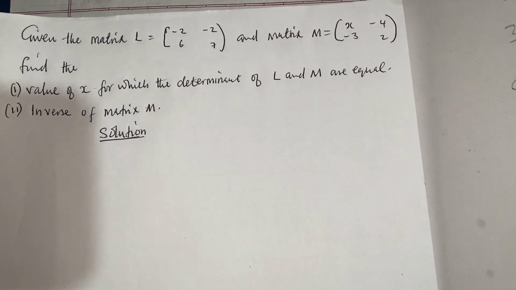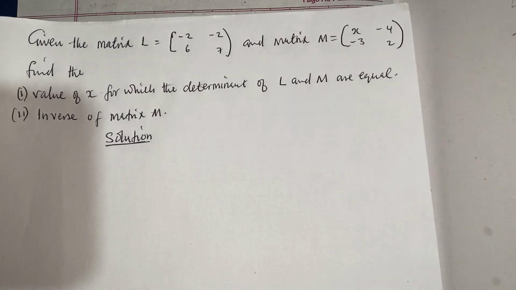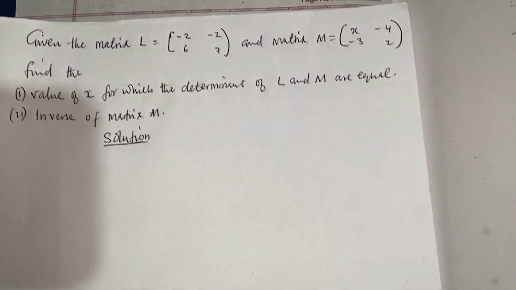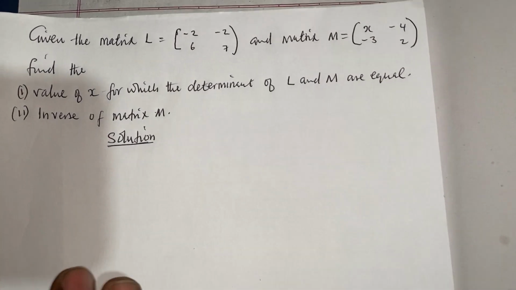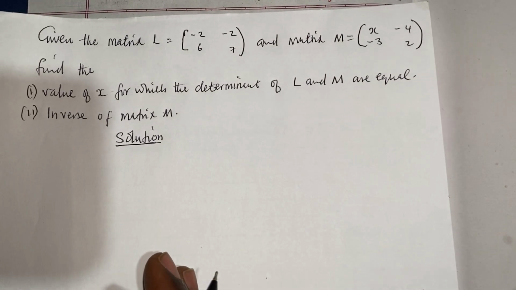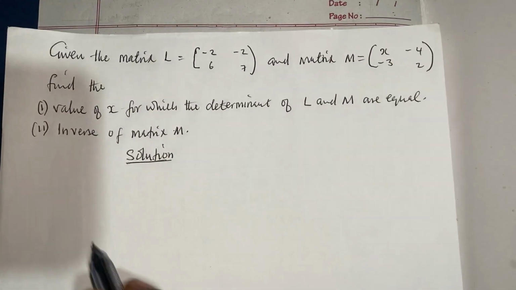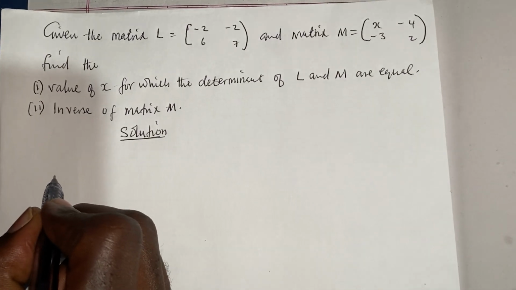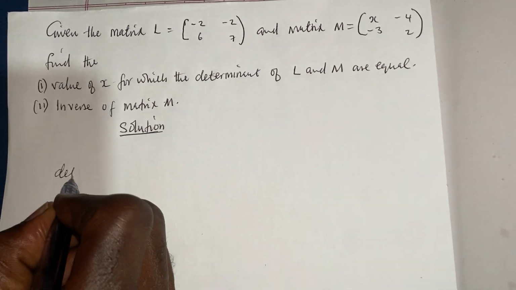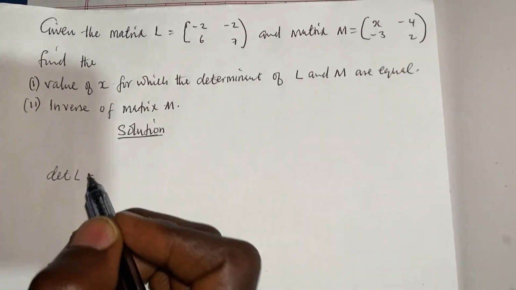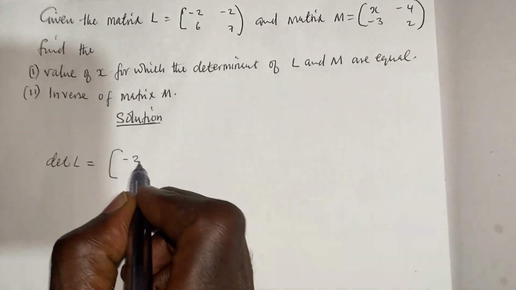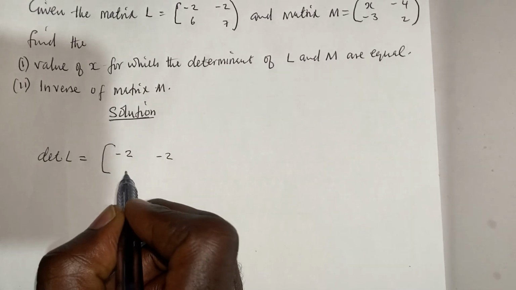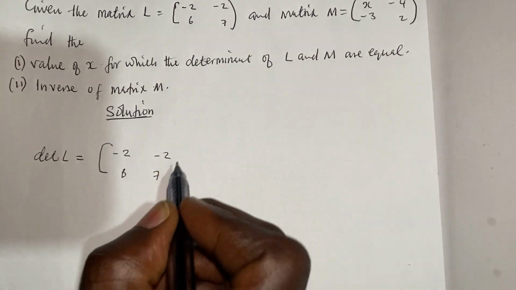To find the value of x, first we're supposed to know the determinant of matrix L. So let's go ahead and find the determinant for matrix L. So we have det L, which is equal to, the matrix given, -2, -2, then 6, 7.